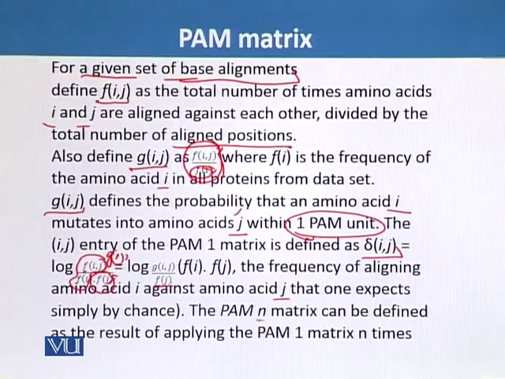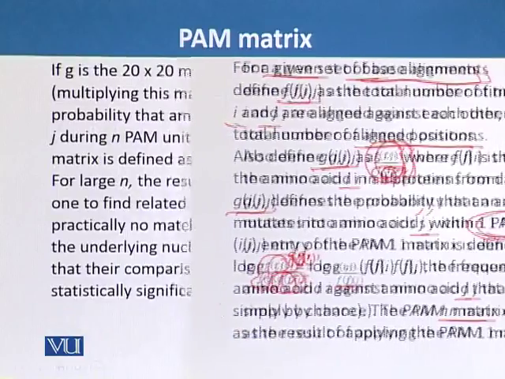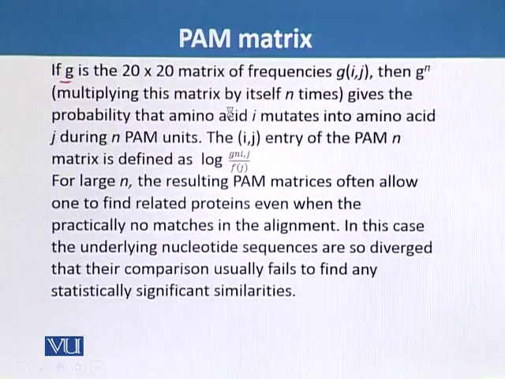So the PAM-n matrix can be defined as the result of applying the PAM1 matrix n times. We have already defined G as a 20 by 20 matrix, because we are dealing with proteins, and in proteins there are 20 amino acids. So for the 20 by 20 matrix of frequencies Gij, G to the power n, the multiplication of this matrix by itself n times, gives the probability that amino acid I mutates into amino acid J in n PAM units.